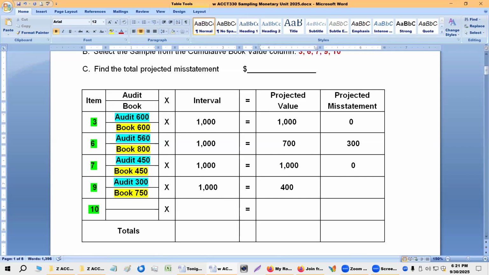The projected value of that is 400, so the misstatement is 600.